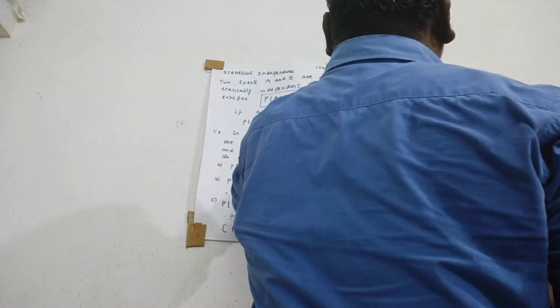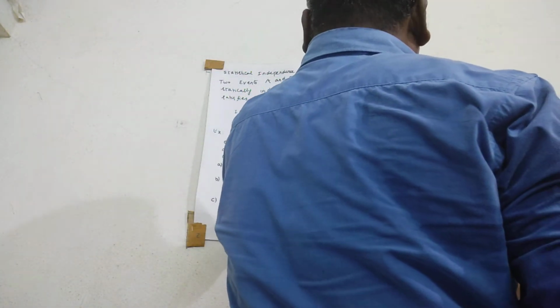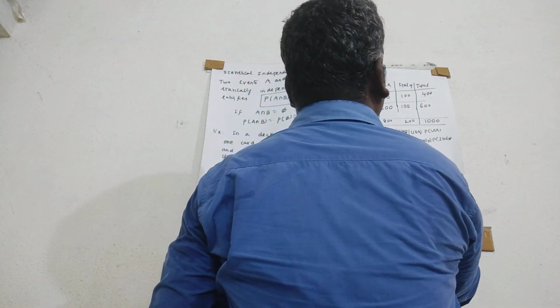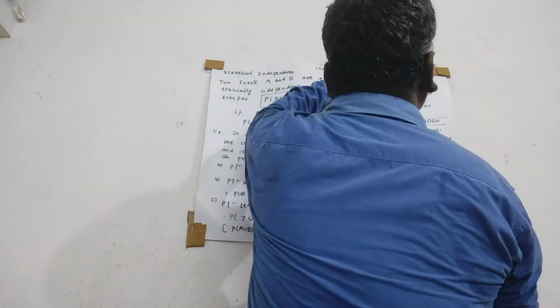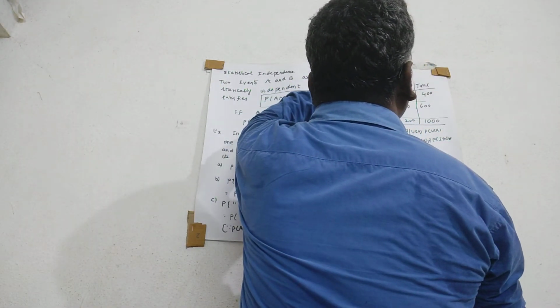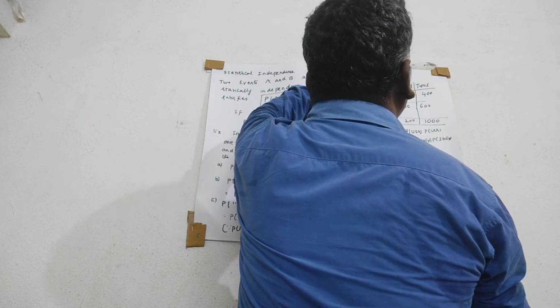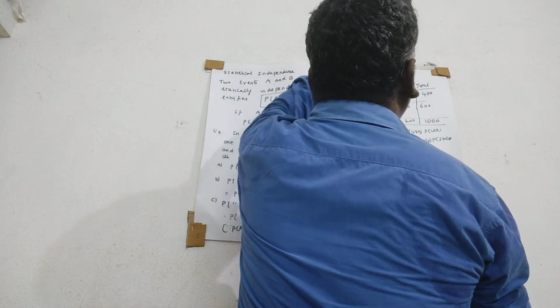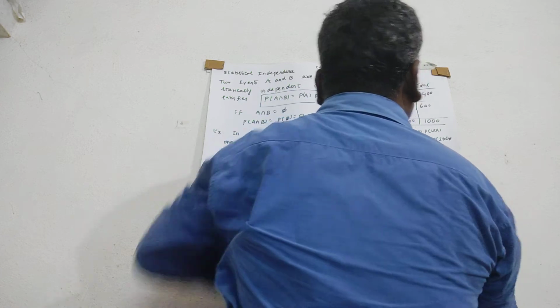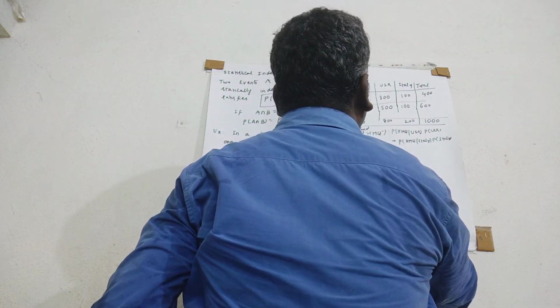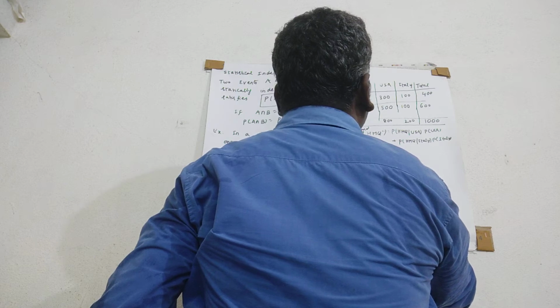From the given table, what is the probability of home quarantine in America? It is home quarantine, the first row and first column coincidence, 300. What is the total in America? 800. And hence it is 300 by 800.